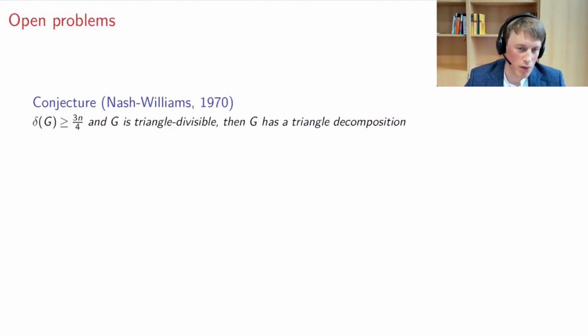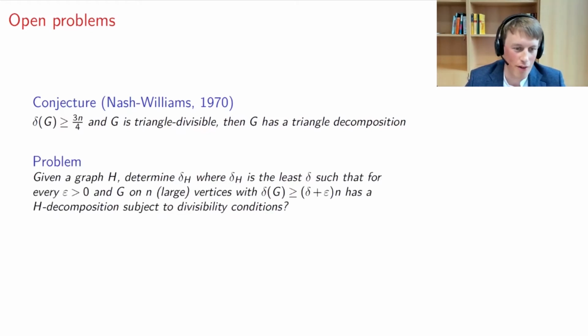There are other divisibility conditions if you replace the triangle by something else. I won't spell that out in the following of the talk, but they are not very complicated and follow the same pattern. Given this question for triangles, which is still open, it might be very ambitious to ask what happens if we replace the triangle by something else.